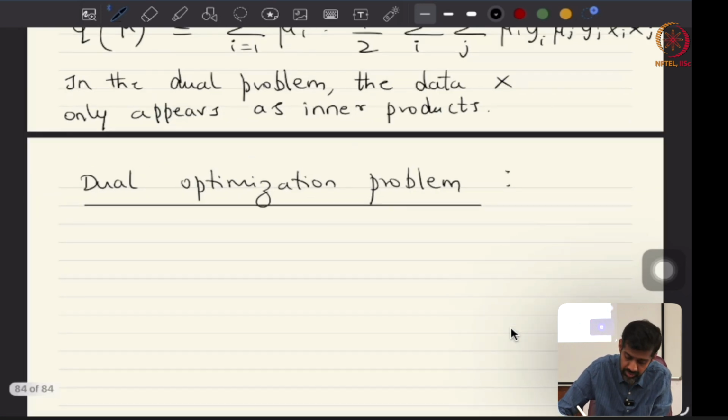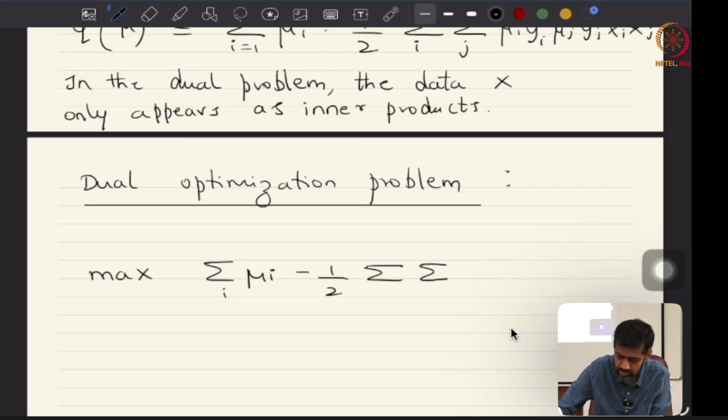So the dual problem is: maximize q of mu, which is the sum over mu i, minus half, sum over i, j of mu i mu j yi yj xi transpose xj.